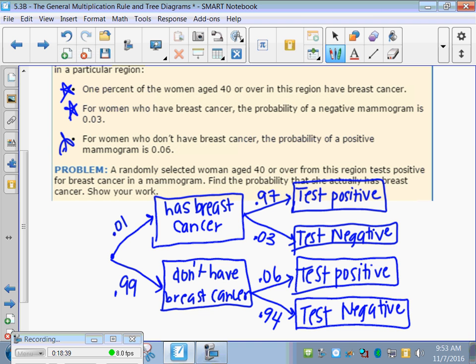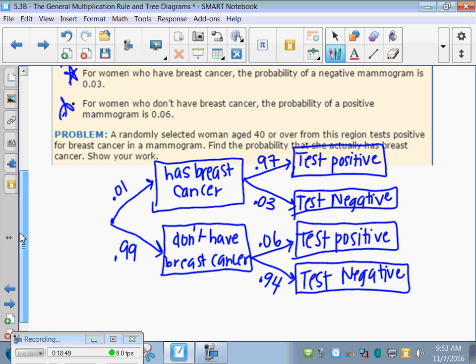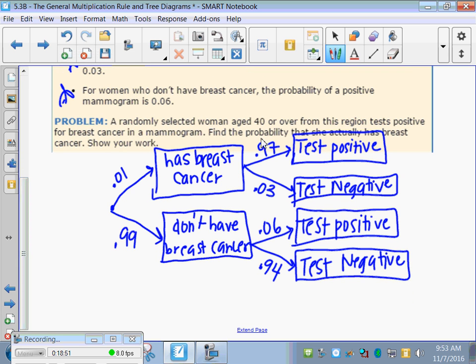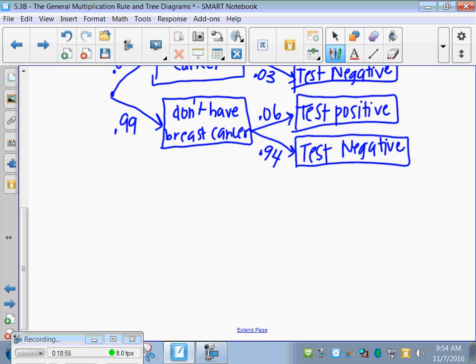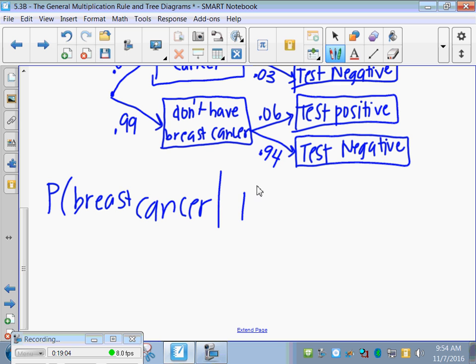Okay, so what's the probability that they tested positive, but they actually don't have it? Let's see if we can figure that out. Or actually, what does it say? Probability that they have breast cancer and they tested positive. All right, so the probability that they have breast cancer, given they had a positive test.